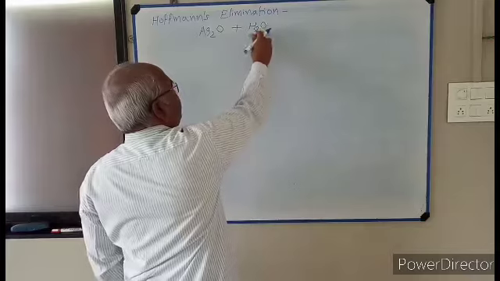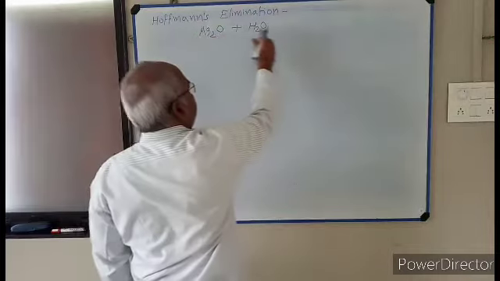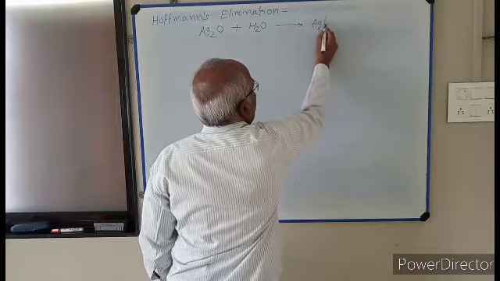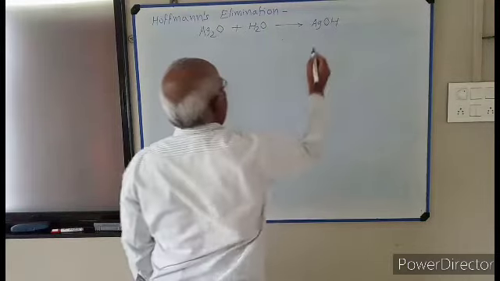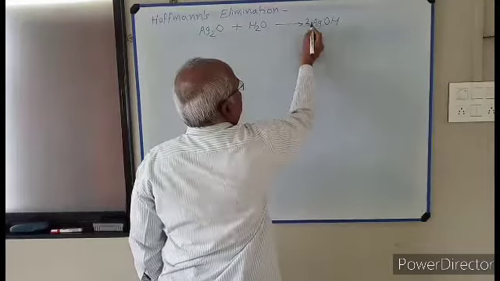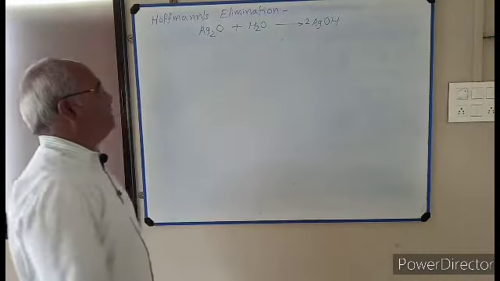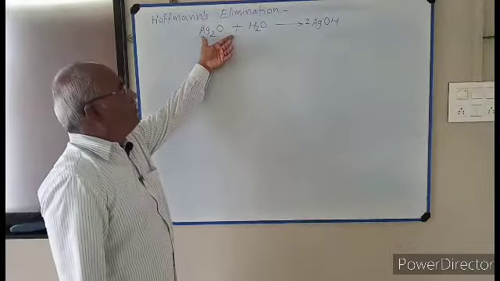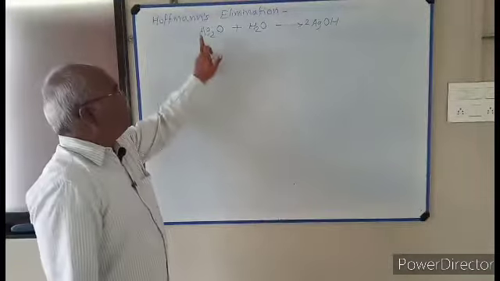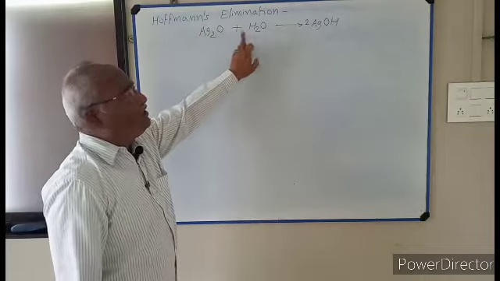When water is added to silver oxide, silver hydroxide is produced, AgOH. Balancing the reaction, 2 AgOH. This is moist silver oxide, or silver oxide suspended in water.